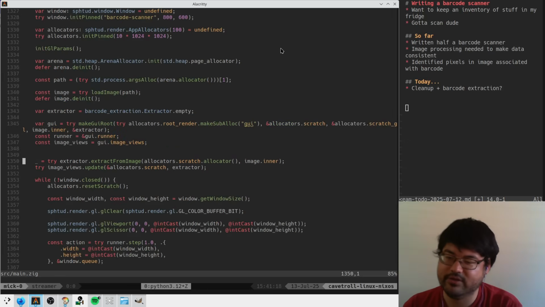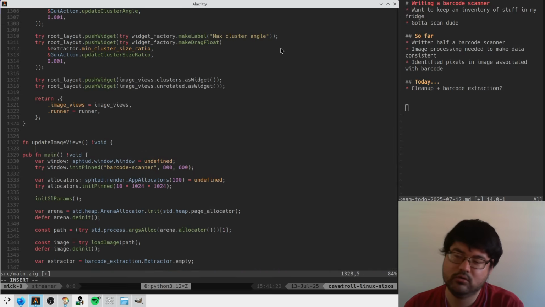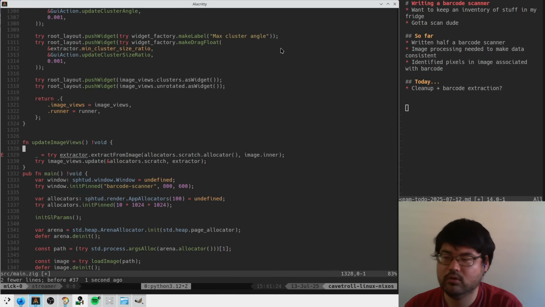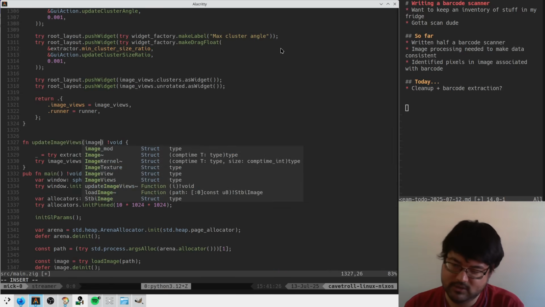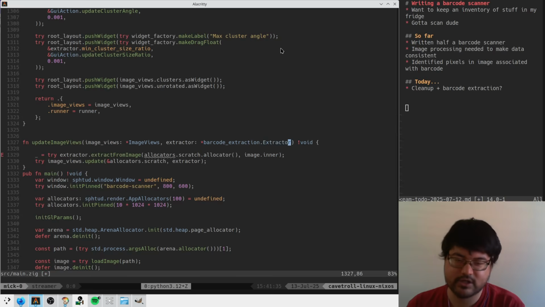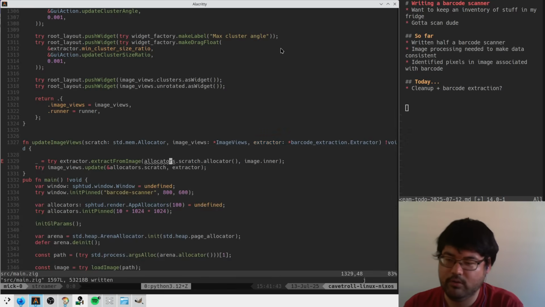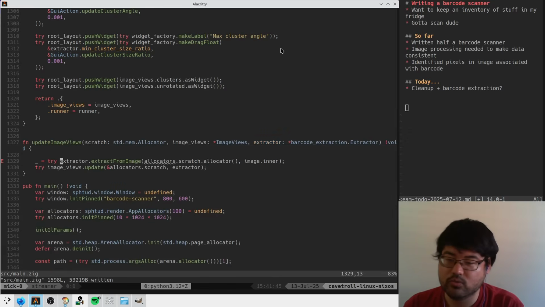Okay, so now this is turning into something that should be a function. Okay, so we have image views here as an image views. Crazy. We got the extractor as a barcode extraction extractor. We also get in our allocator, scratch probably. Cool. So here we have scratch.